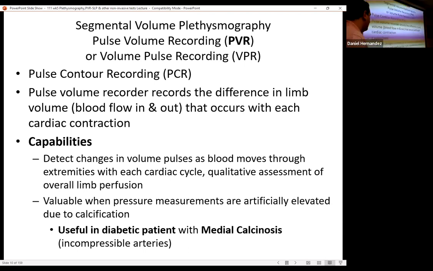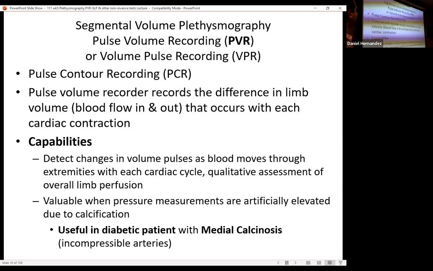And this gives us a qualitative assessment, an overall assessment of the limb perfusion, how much blood flow is perfusing through that limb. These PVR recordings are valuable when we combine them with our pressure measurements. That's why we typically do both exams in conjunction with each other. So we do that initial pulse volume recording, and then we get our segmental limb pressures.